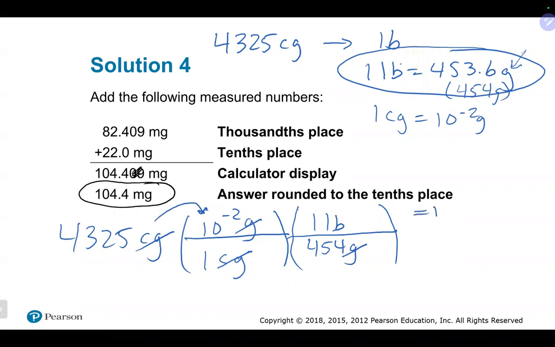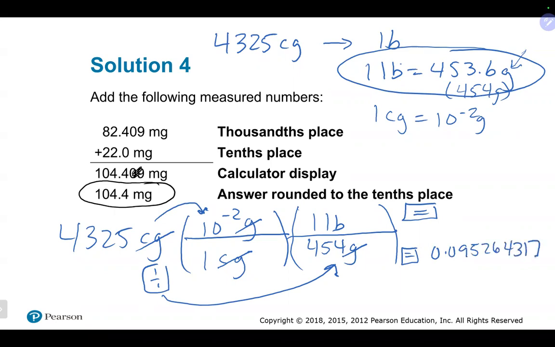Now we're going to come back and divide by what's on the bottom. In this case there's really only one number on the bottom that we're going to divide by. We'll divide it by the 454. And that would give us a number on our calculator after we hit equals of 0.95264317.